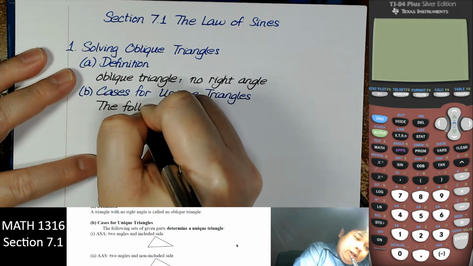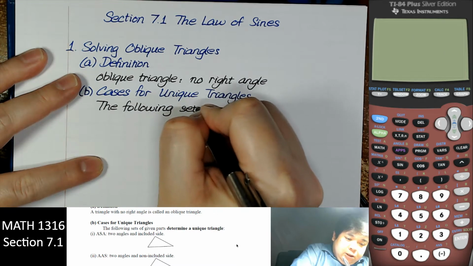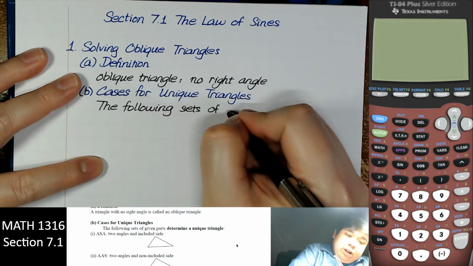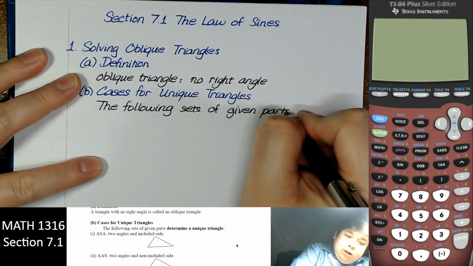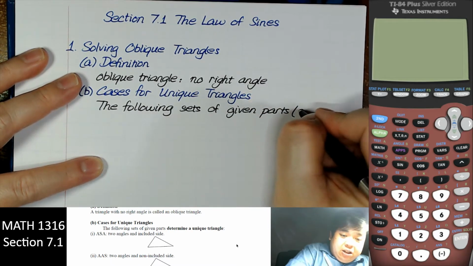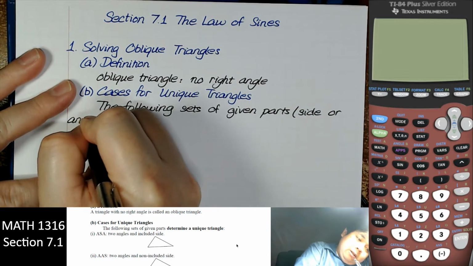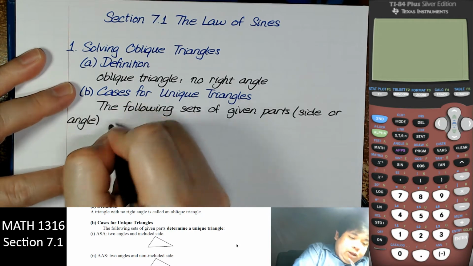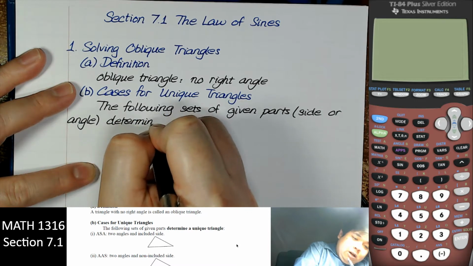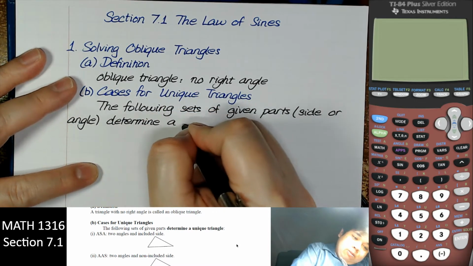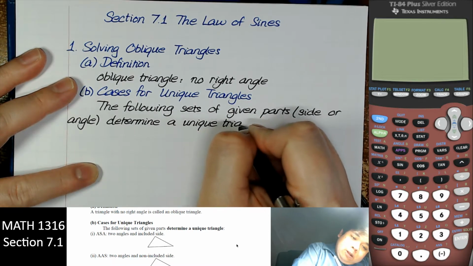The following sets of given parts, and by parts I mean it is either a side or an angle, determine a unique triangle.